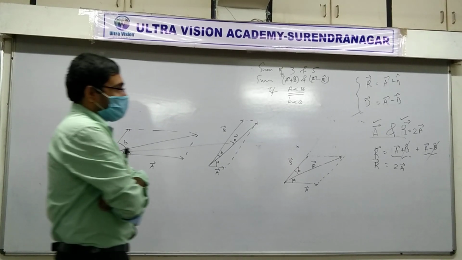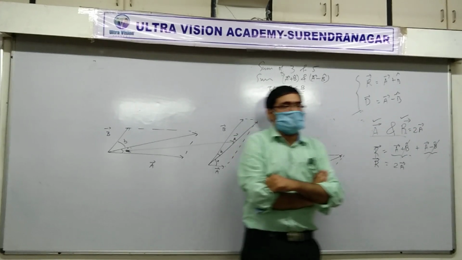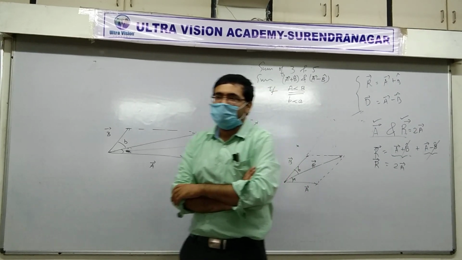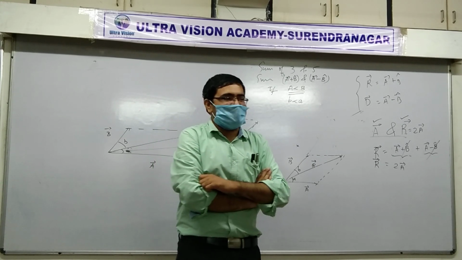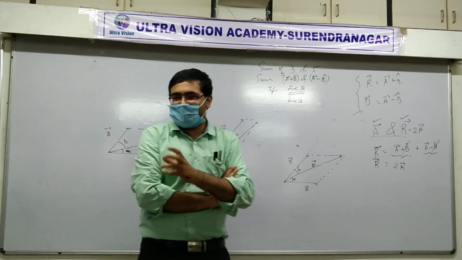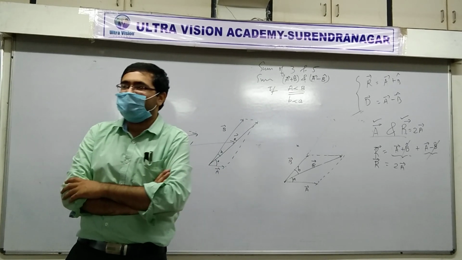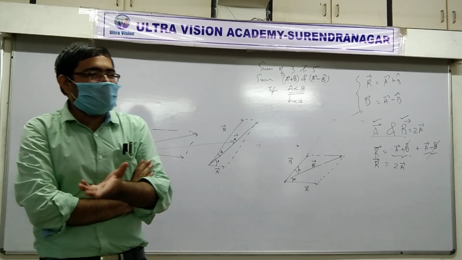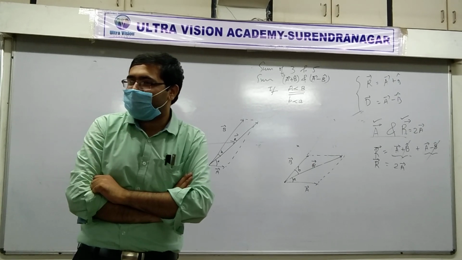Have you seen something like this before? 2 into A vector, what is it called? Multiplication of a scalar with a vector. Yes, 0 degree. Yes or no?